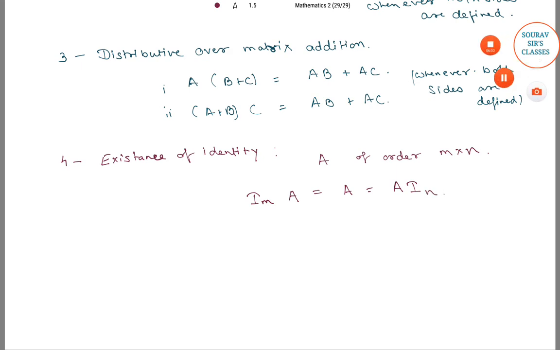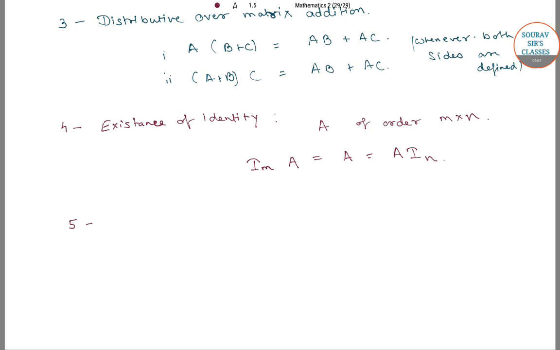The fifth property states that the product of two matrices can be a null matrix while neither of them is the null matrix. That is, AB is equal to 0 when A is not equal to 0 and B is not equal to 0. For example, suppose A is equal to 0, 0, 0, 2 and B is equal to 1, 0, 0, 0.